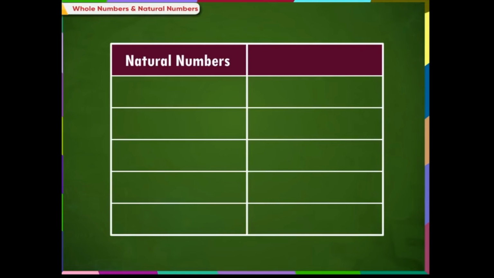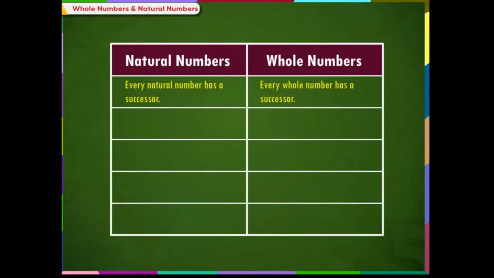Let us revise natural numbers and whole numbers by comparing them in a tabular form. Every natural number and whole number has a successor.